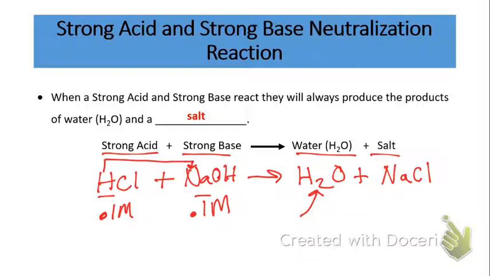Now, in some acid-base neutralization reactions, especially if it's a weak acid and a weak base, then often you will form a salt that will also affect the pH. But we're not going to worry about that in this particular lesson.